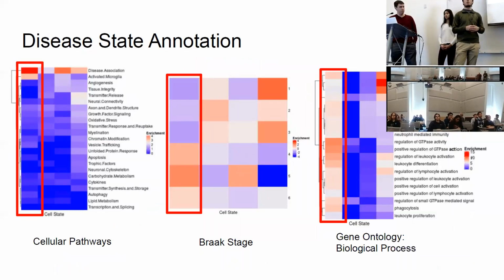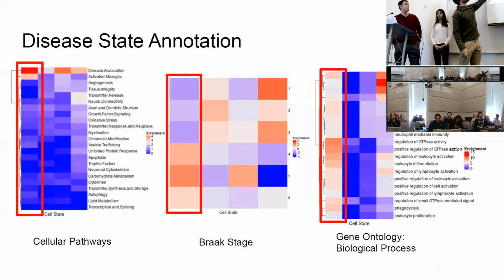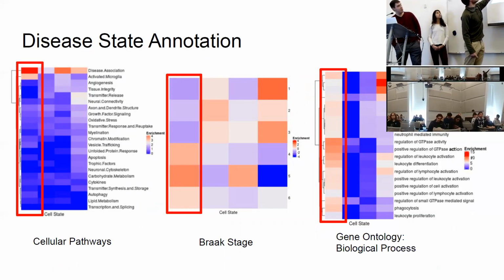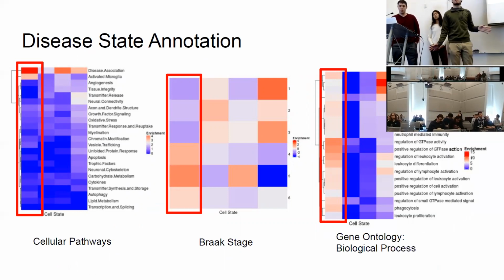Then, using a similar approach, we reran the multi-resolution deconvolution and found four core states. And then we did the same correlation for disease. Here you can see that both the first and third cell states have a pretty strong disease association. The first had the strongest, but you could make an argument for either of those cell states.